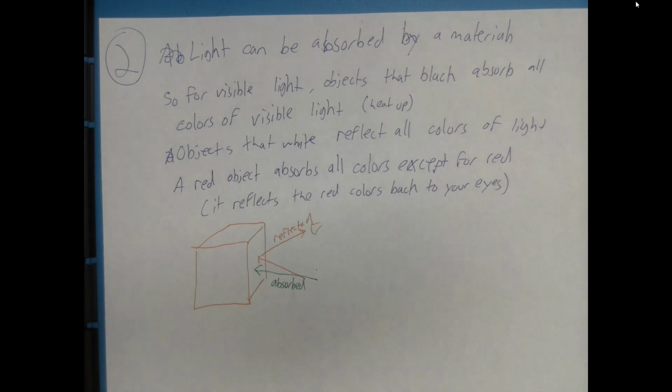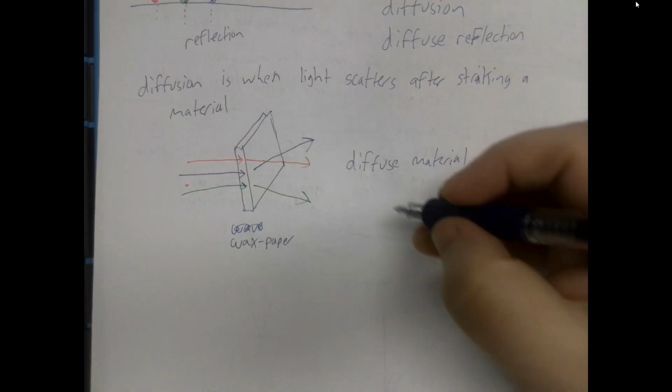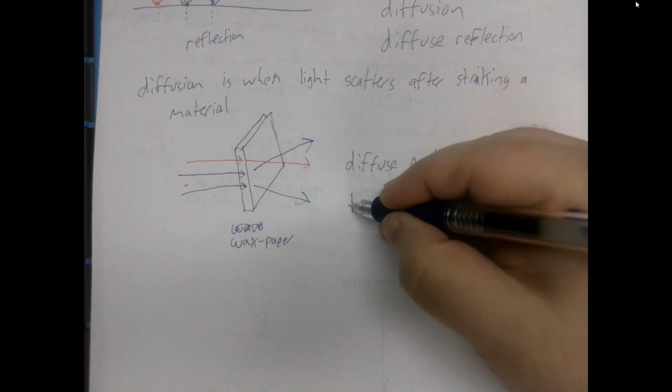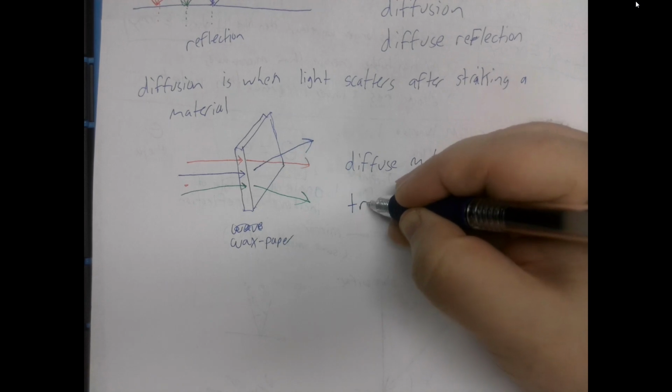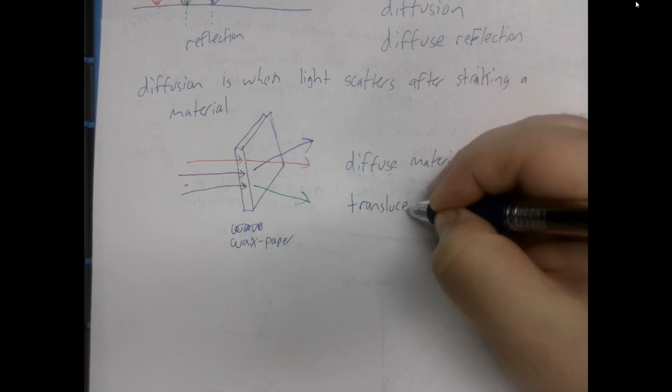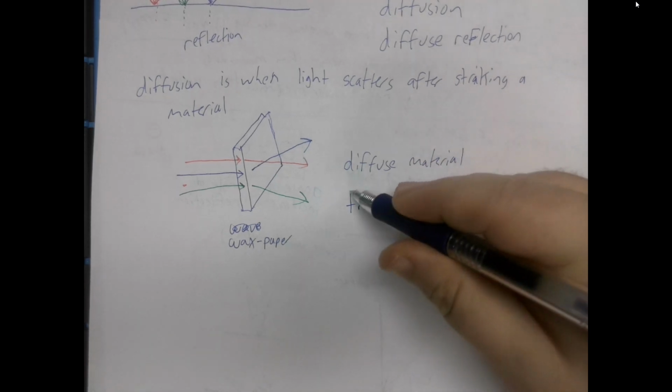I would like to also add this. So when you have a diffuse material, you might have heard this. Translucent is another name for it.